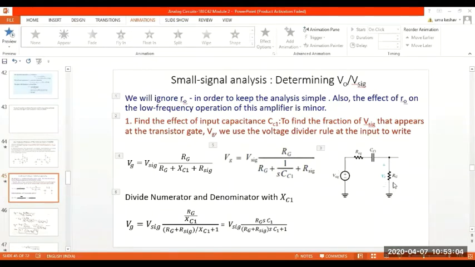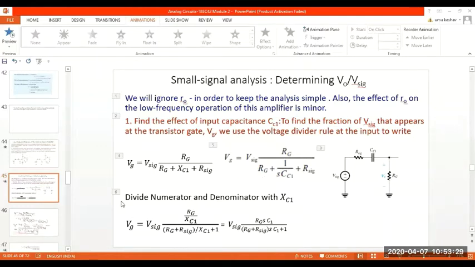We are using the voltage divider rule. V sig into RG by R sig plus the capacitive reactance XC1, the reactance of this capacitance, plus RG.